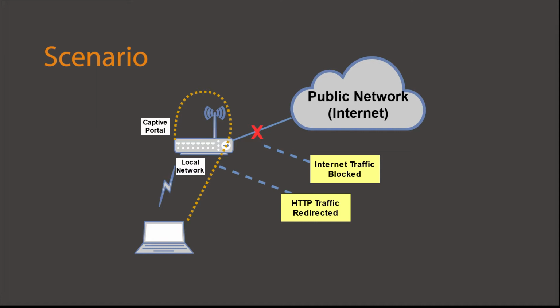So what this entails with captive portals and how captive portals work, just to get that going, is our scenario is going to start off with the user, the host, trying to get internet access once it's joined the access point.